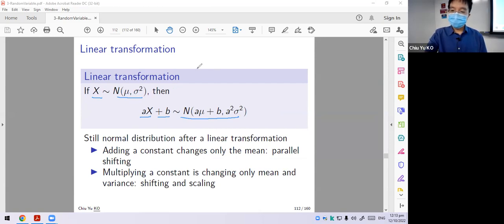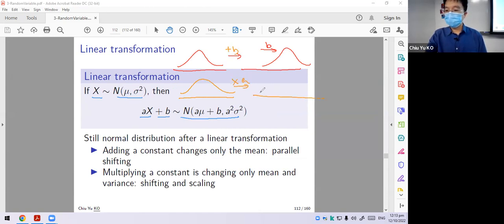If you add some number b, you just move it by b. And if you multiply by a, everything is multiplied by a, so you just spread out more, maybe not as tall, and it's still a bell curve.